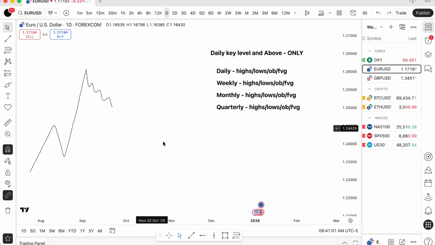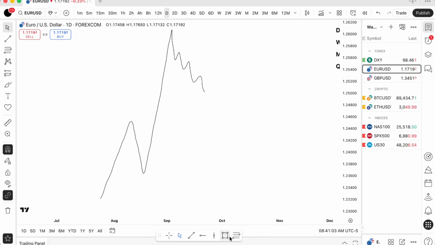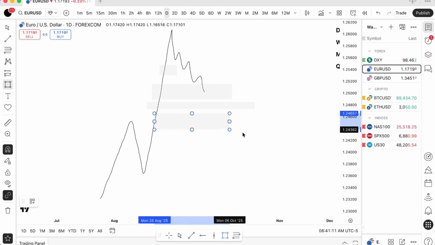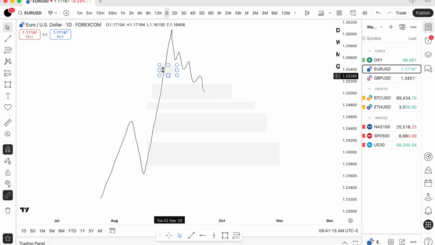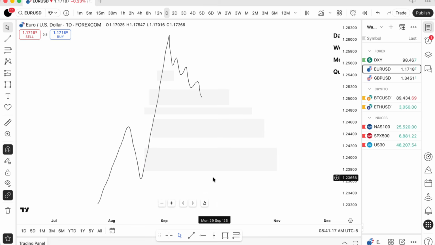But on 1 hour, inside of this, you can have a fair value gap, an order block, here some breaker, I don't know, from a low that took a high, and like that, another FVG, right there an FVG, and you have multiple key levels to choose from.